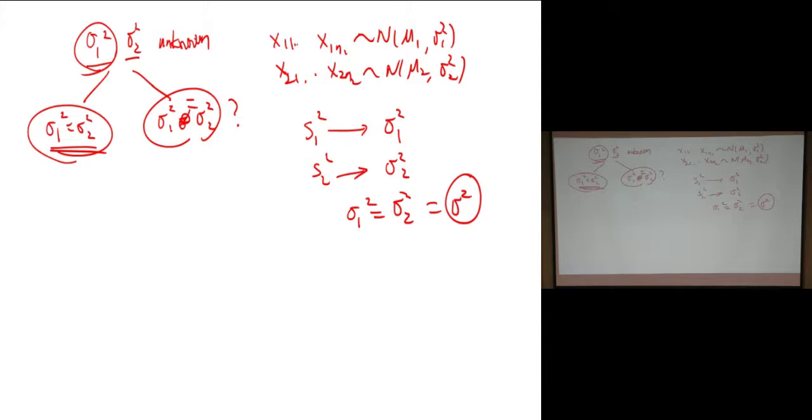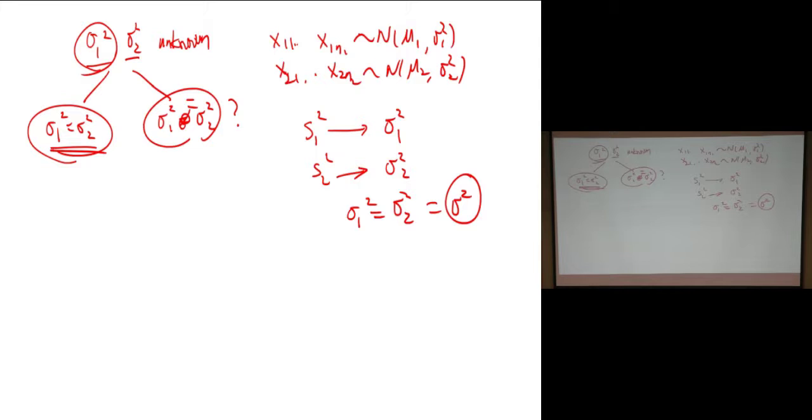So it's not good to use either S1 square alone or S2 square alone. We want to combine them. A simple way to combine them is to take the average. But that's not good either, because if S1 square comes from a bigger sample, I should put more weight on this estimate.